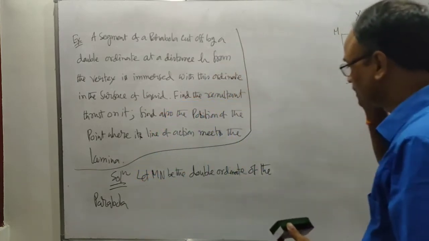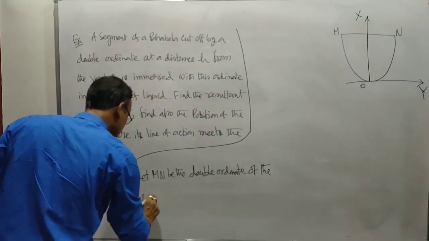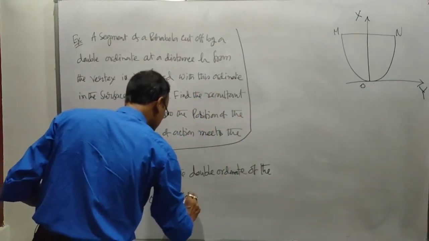Let MN be the double ordinate of the parabola. Let O be the vertex of the parabola.